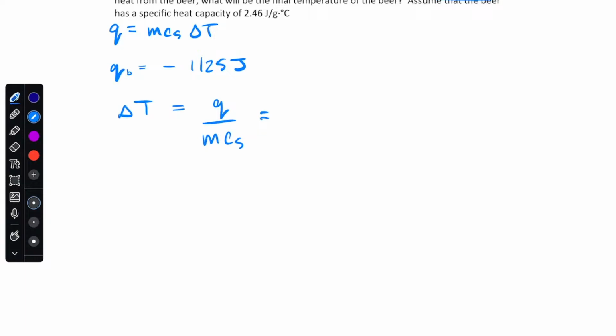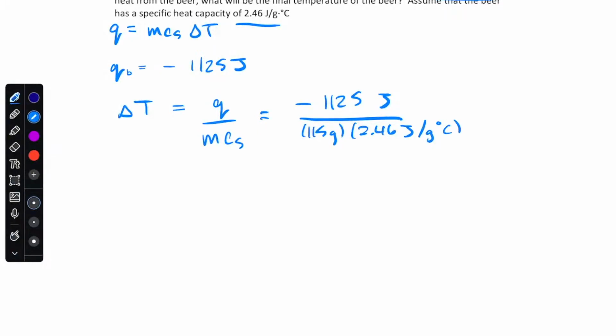And the Q is negative 1125 joules divided by the mass, which is 115 grams, times the CS, which it gives us 2.46 joules per gram degree C. Just thinking about this question, I know these numbers were made up because beer is like 95% water.